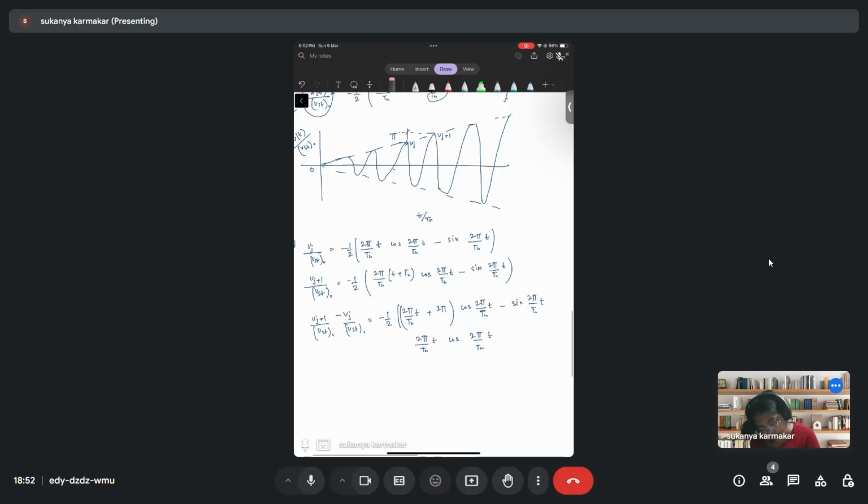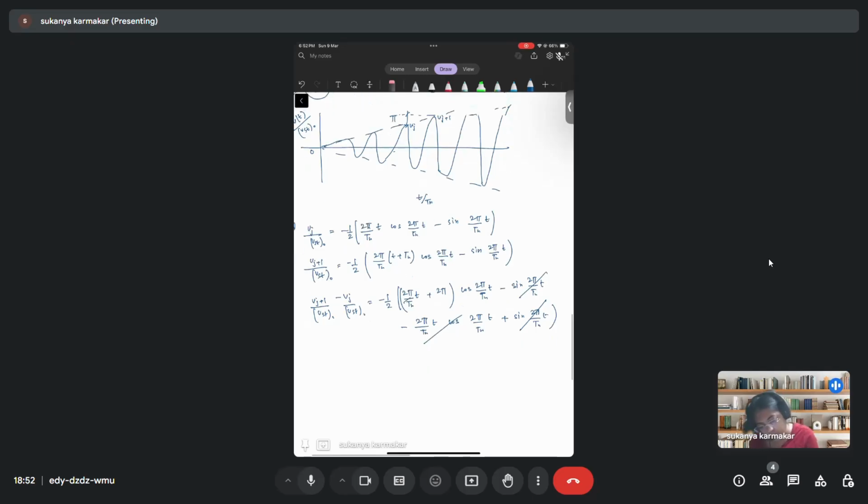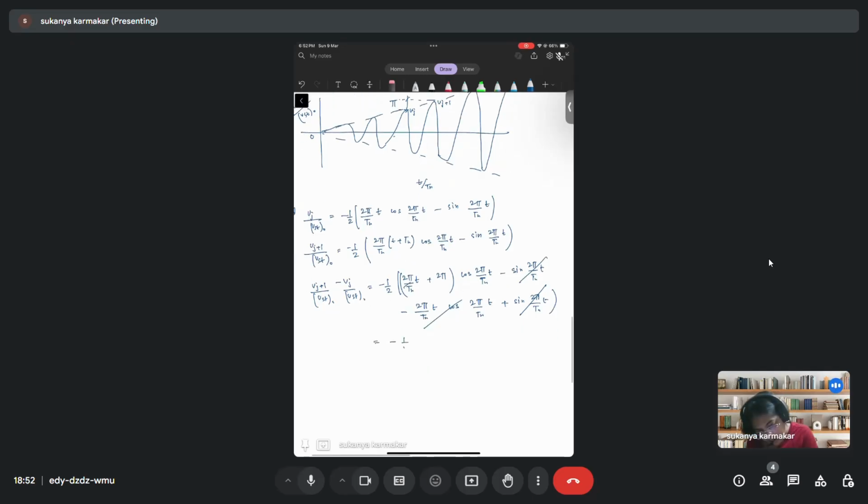I'm subtracting this, so minus this plus sine of 2 pi by Tn into t. So this term and this term go away, and this term and this term go away, so basically you're left with minus half into 2 pi cos of 2 pi by Tn into t, something like this.